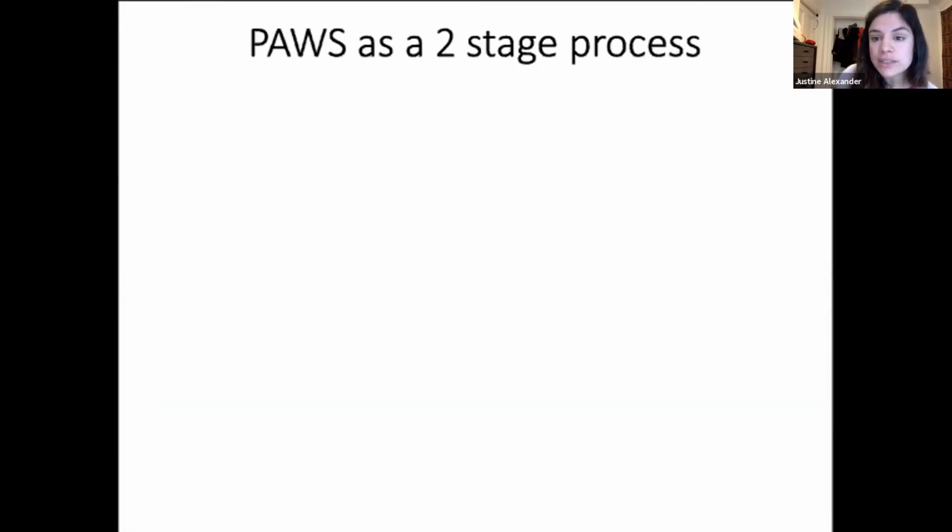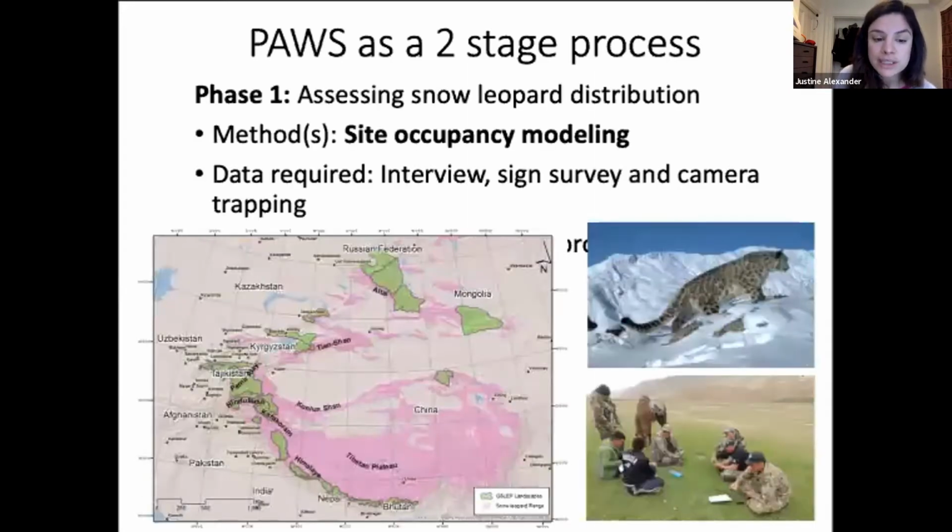So how is it planned to go about this program? PAUSE has many objectives, but going back to the main objective, which is arriving at reliable snow leopard population estimates, there's a two-stage process that has been identified by the technical panel and set up by the GSLEP steering committee. The first, an important step which links directly to this module, is developing distribution models for snow leopard.